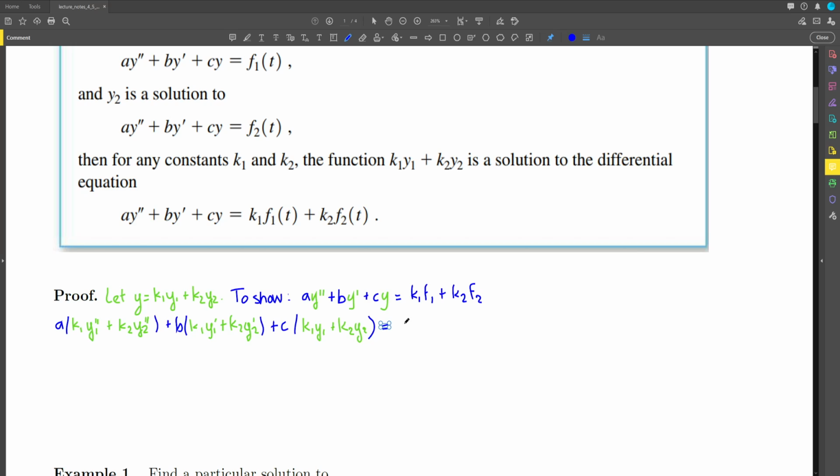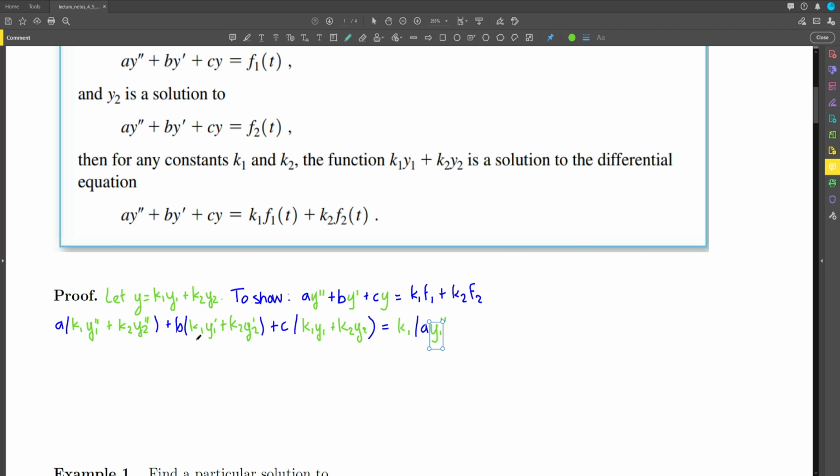What I see here is that if I take the k1 and the y1 double prime, I can factor out the k1, and then k1 times a times y1 double prime.